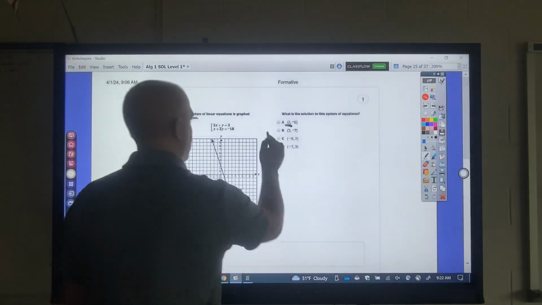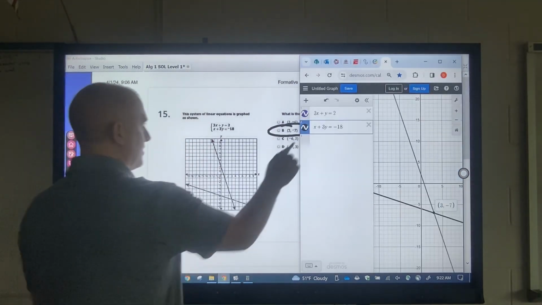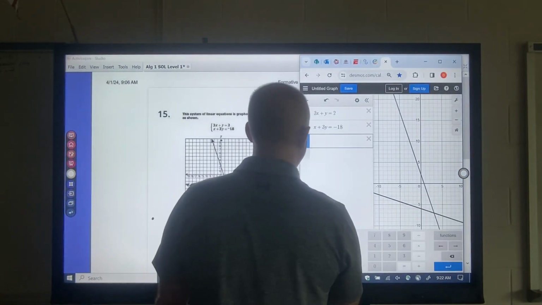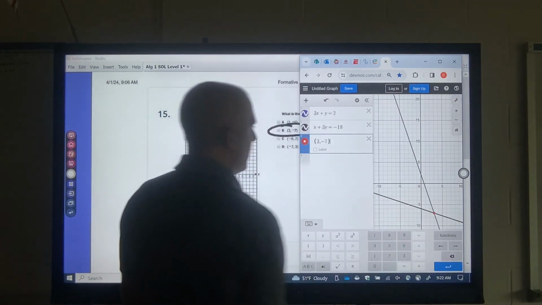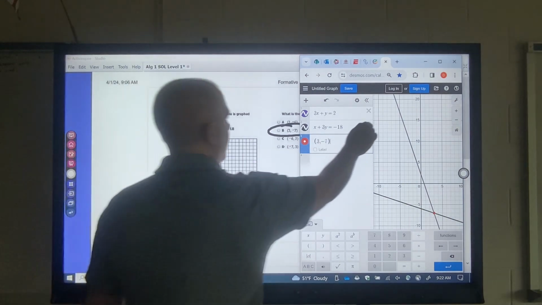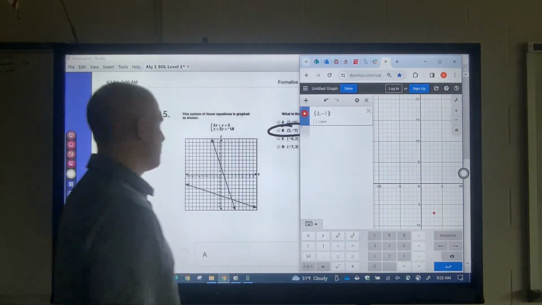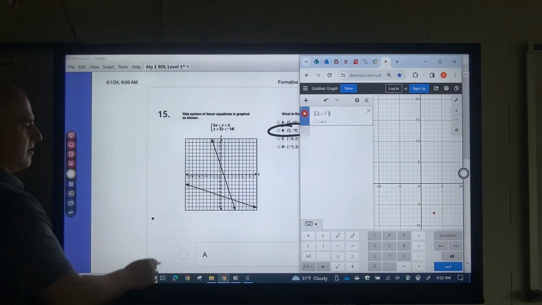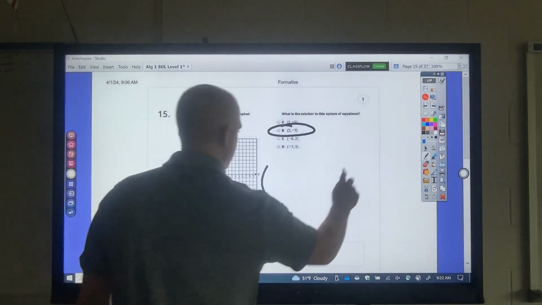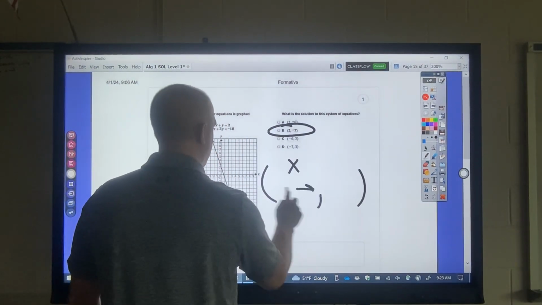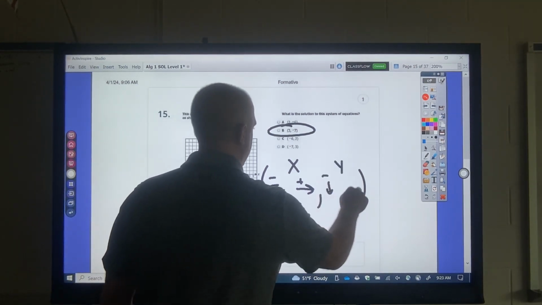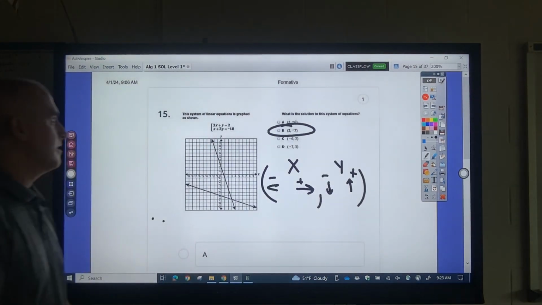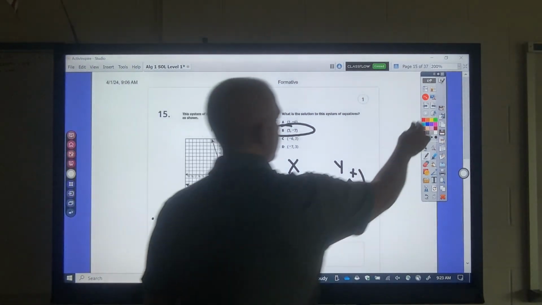Also, if you ever want to see the point, you just type 3, negative 7, and it should light up. Even if I didn't have those there, that's where that is. Remember, for x, right is positive, left is negative; for y, down is negative, up is positive. I have to know how to plot points.